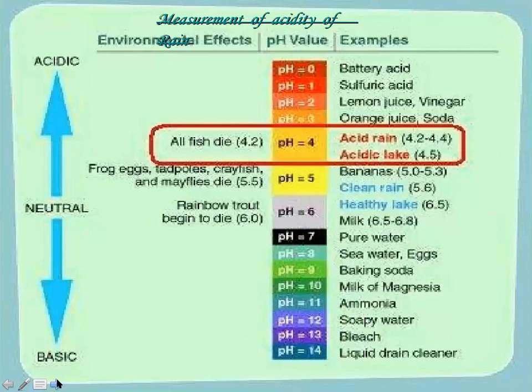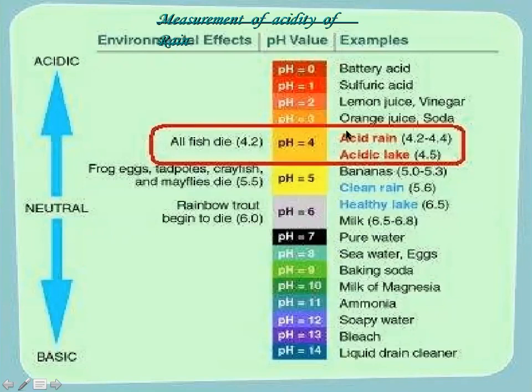So this is a scale of the pH showing the basicity and acidity with reference to the value of pH. We already know that pH 7 is neutral pH, which is for pure water, whereas at pH 4, all the fish die because of the acidic lake that has always the pH ranging from 4.2 to 4.5.